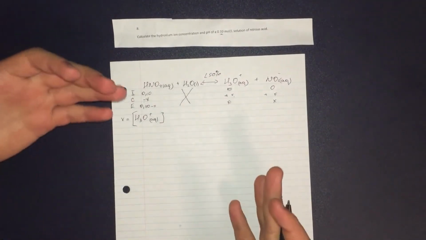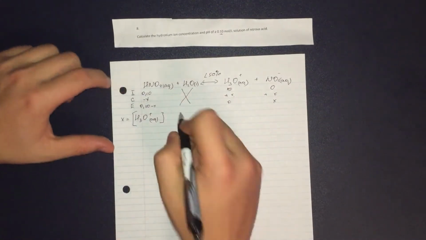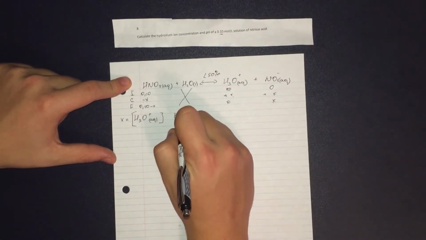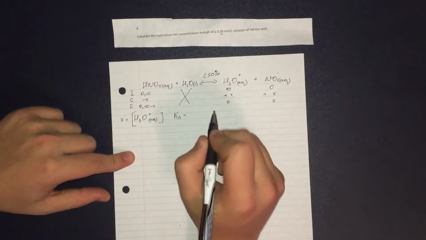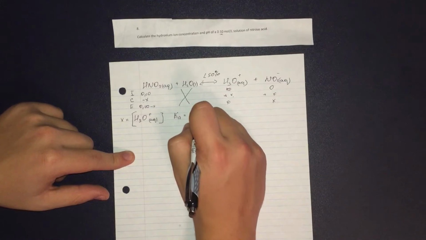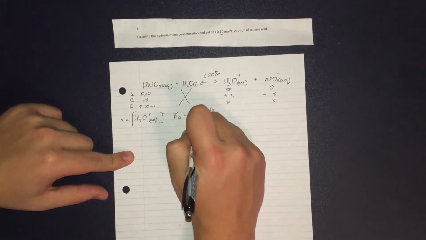When we use our K expression, we use the numbers from equilibrium. Ka, the acid constant, is equal to products over reactants.